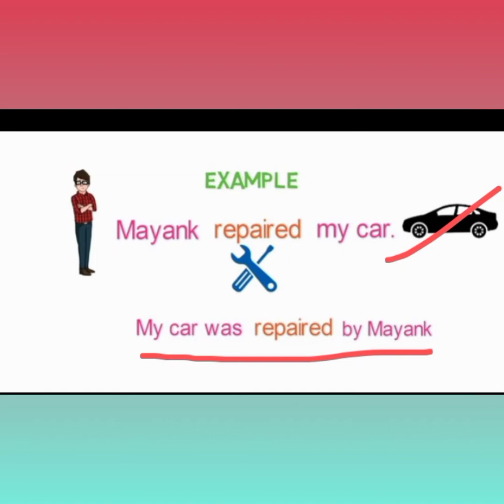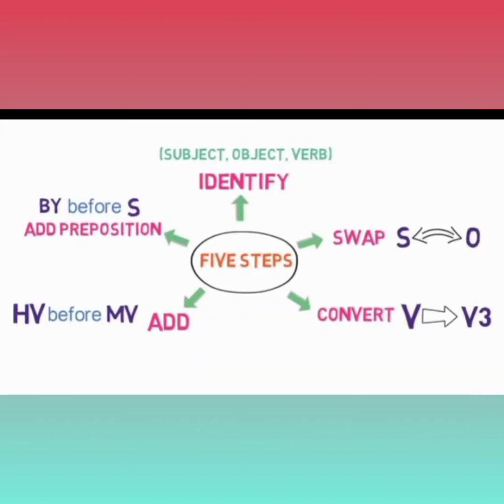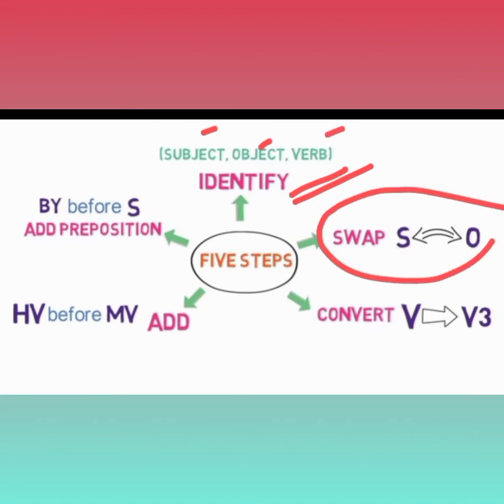Okay. So children, there are 5 steps to change the active into passive voice. Okay, so what are they? First, we have to identify in that sentence which one is the subject, which one is the object, and then which one is the verb. Then we have to do the swap. That means we have to change the subject into object and object into subject.